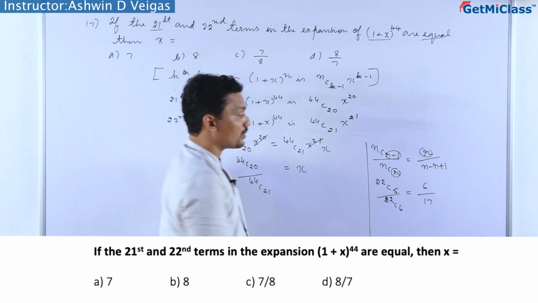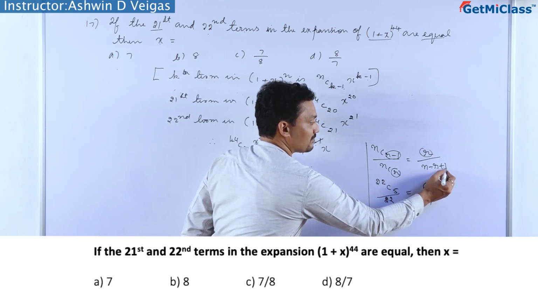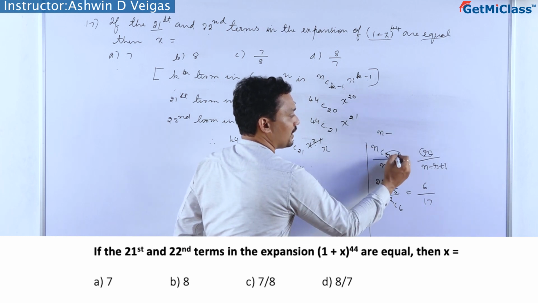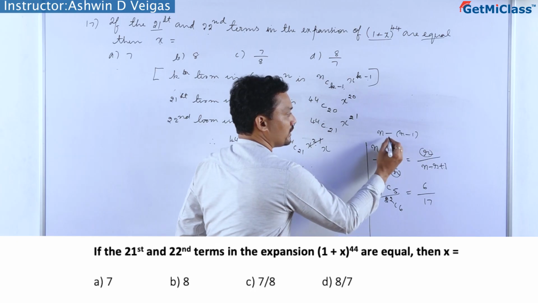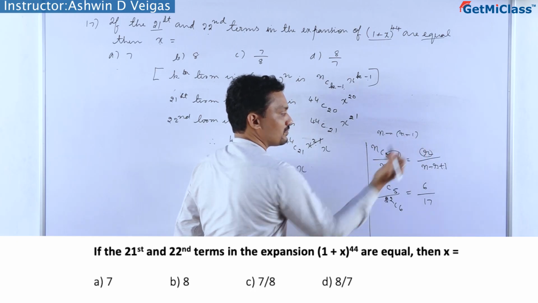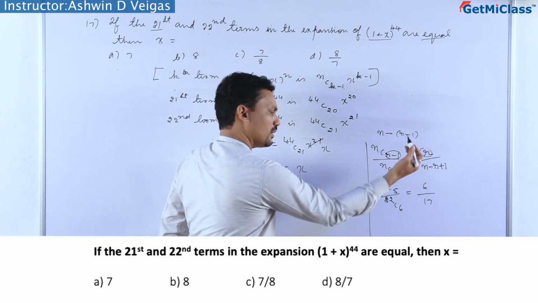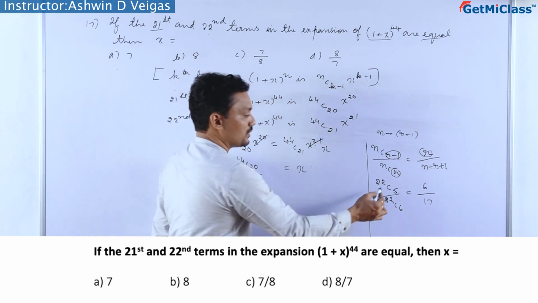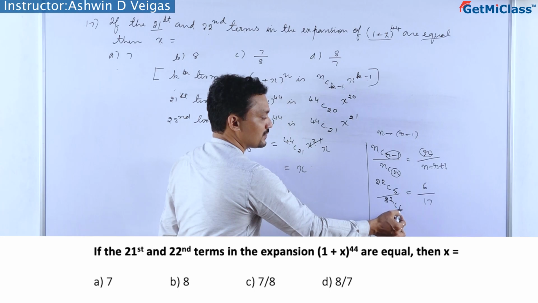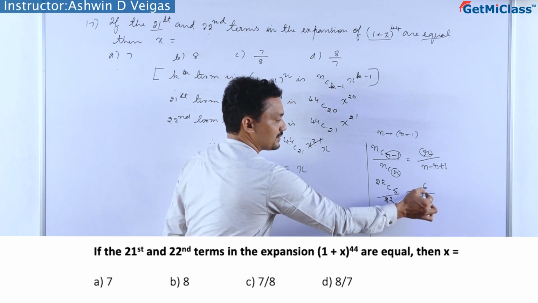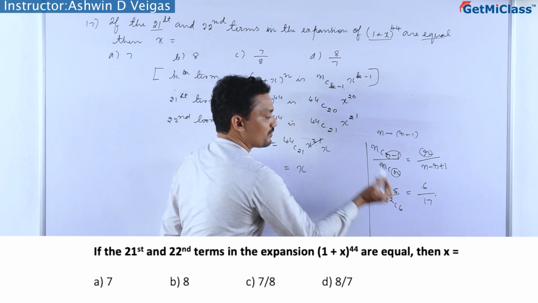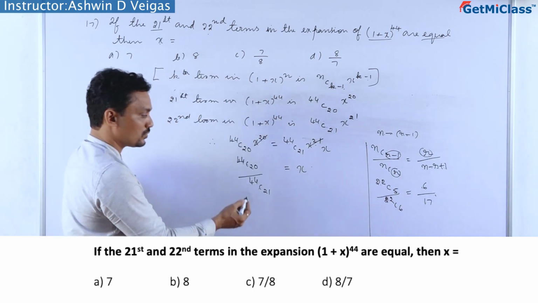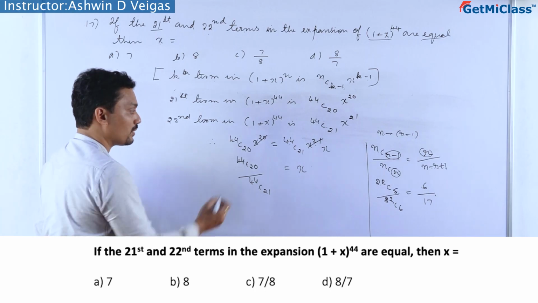How is it? Because n minus r plus 1 is actually the difference of this. Otherwise don't look at the formula, just look at one example. So 22C5 by 22C6 is the bigger index 6 by the difference of the top indices, 22 minus 5, that is 17. If you remember that, this will become very easy.